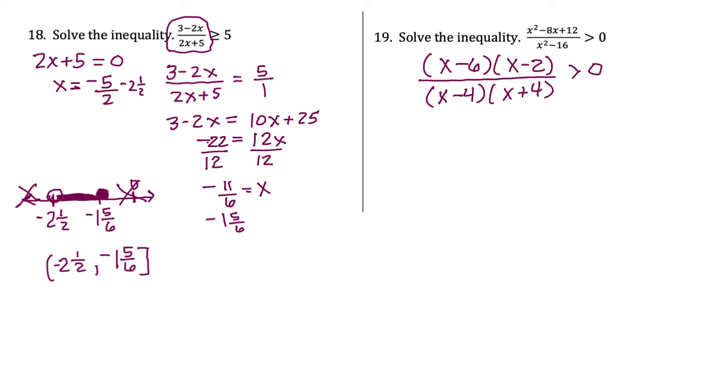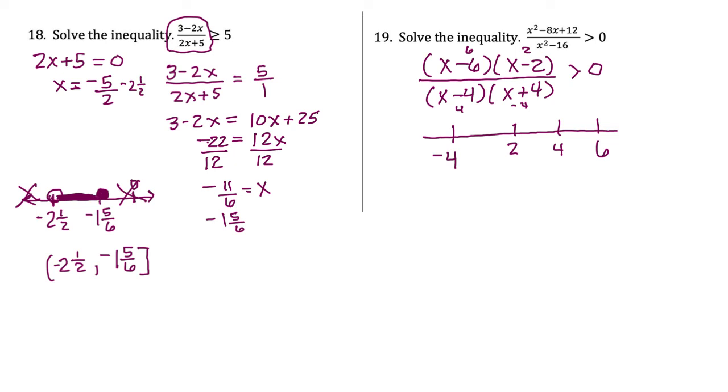Since all that's greater than 0, that endpoint being 0, you just set all of those equal to 0 and put all those points on the number line. So you're going to have a 6, a 2, a 4, and a negative 4. So we've got negative 4, 2, 4, and 6.